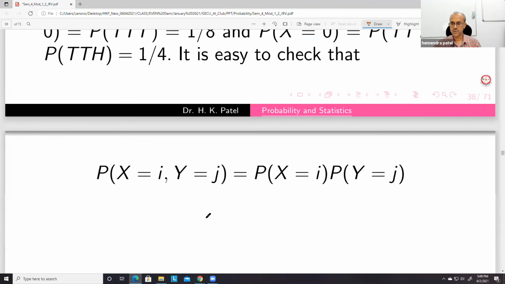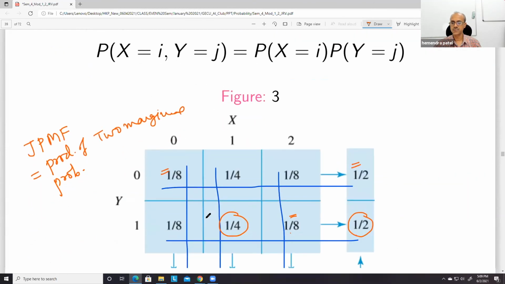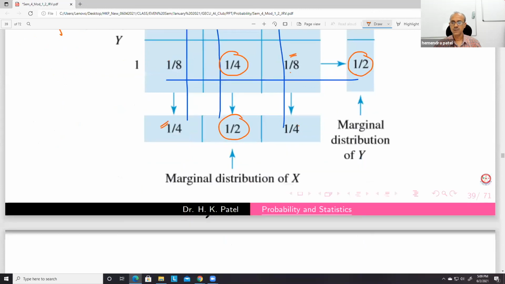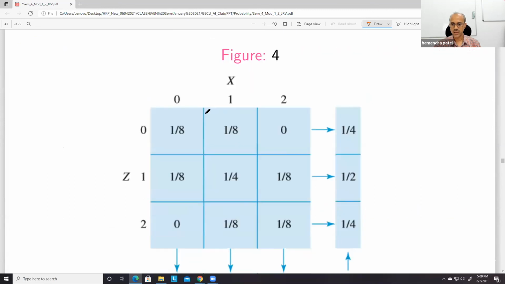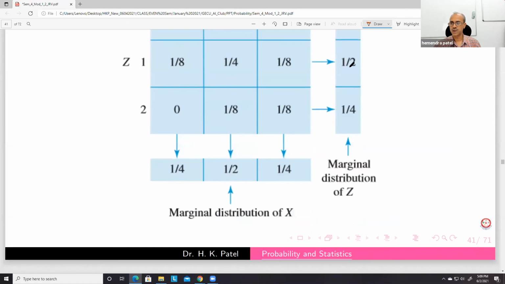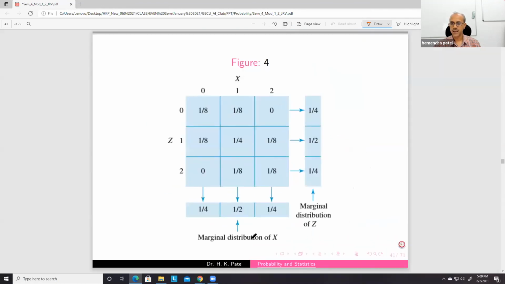Okay, but in the same manner, if you analyze x and z, again these probabilities are calculated in that way, and then we have marginals for z and marginals for x. Okay, and here you can see that this is not independent. You can find many examples. For example, this one, if you take 1/8, this is 1/4, this is 1/4, so not equal.